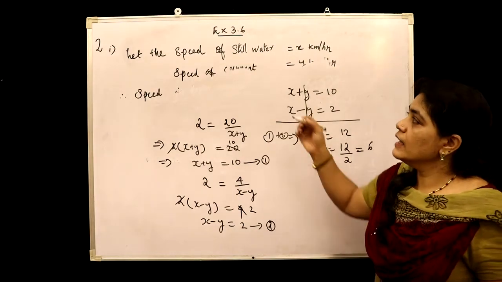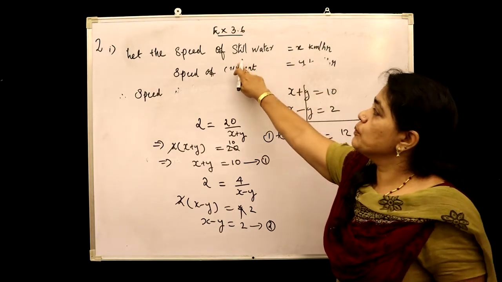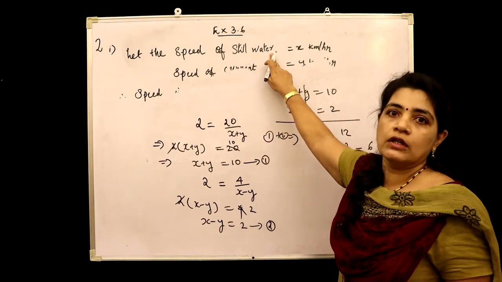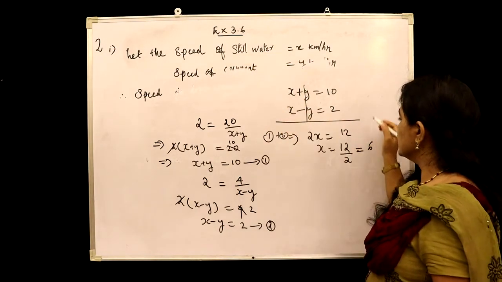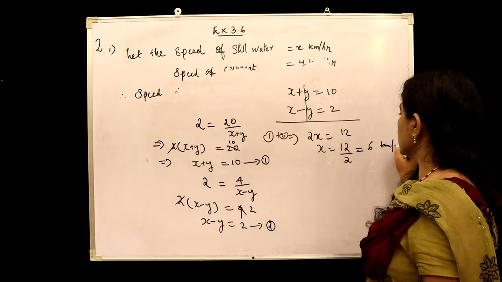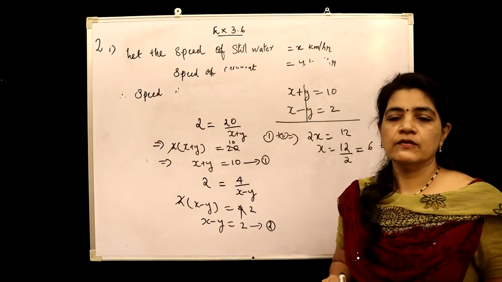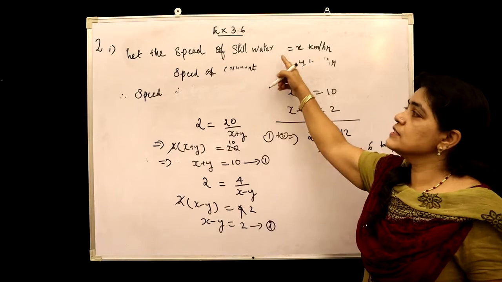And since we have taken x, what is x? That is the speed of still water, so its unit will be kilometer per hour. That is, we got the speed of still water.